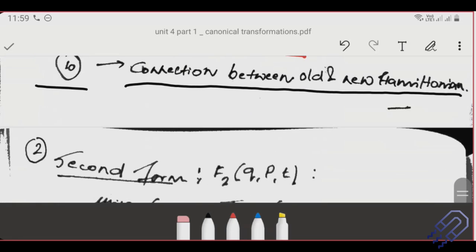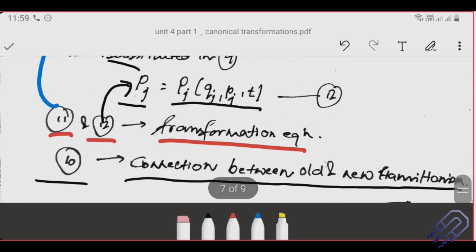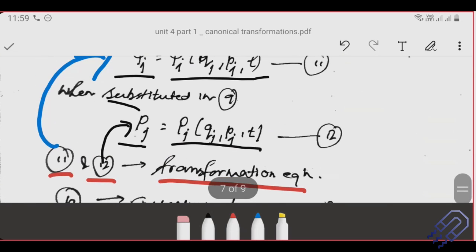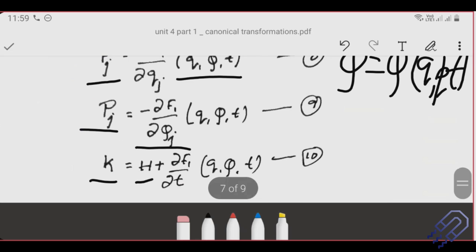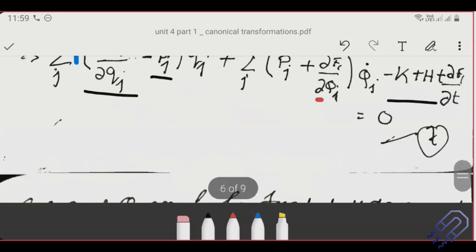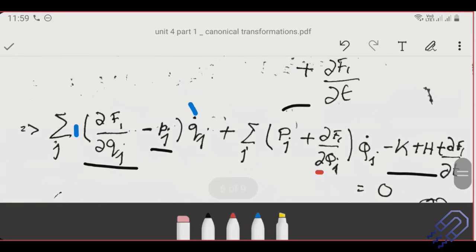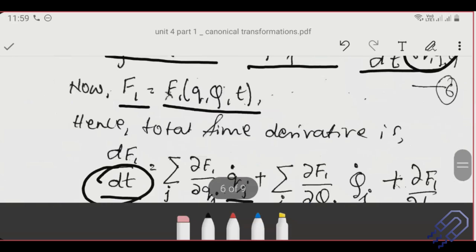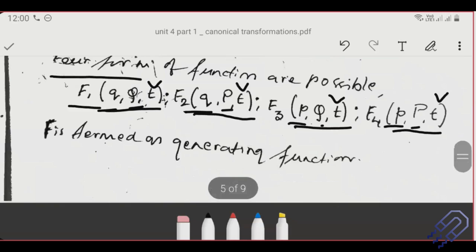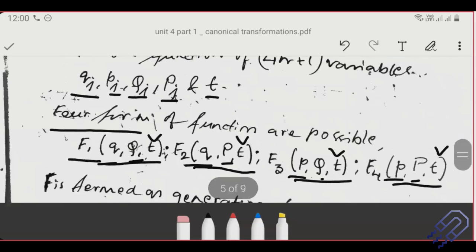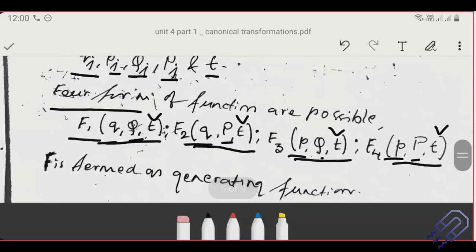I'm not going to proceed because I'm going to give you a task now. What is your task? Use the same approach that I have used now, and of course you can go back here and check the forms. This is the one we have done, right?